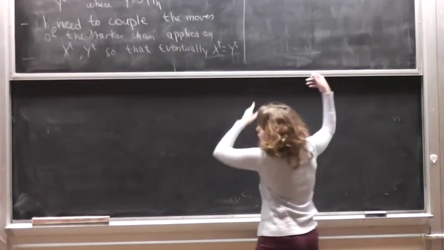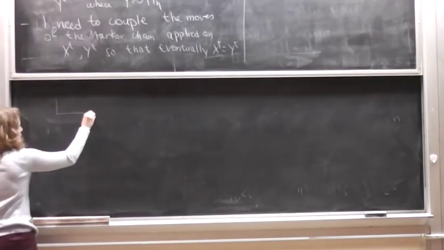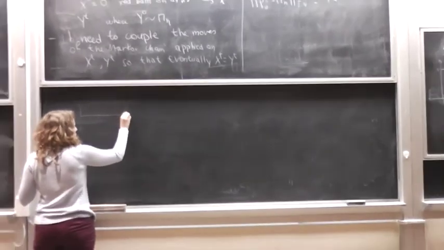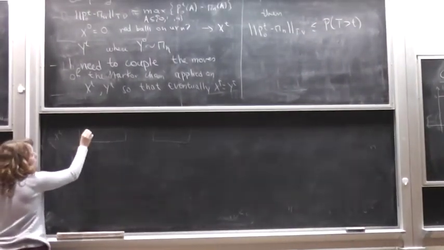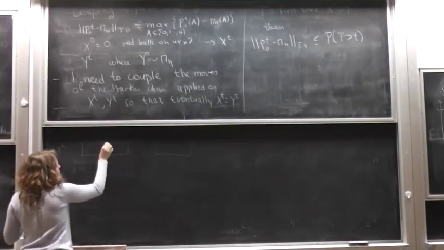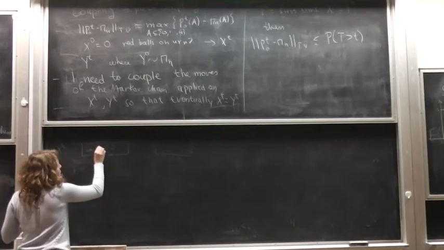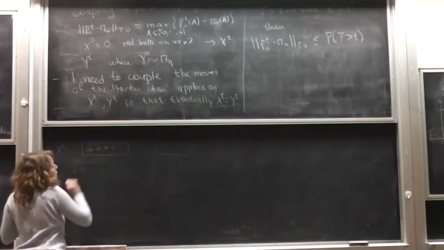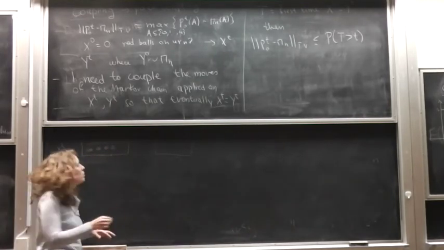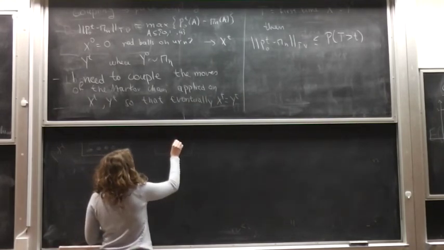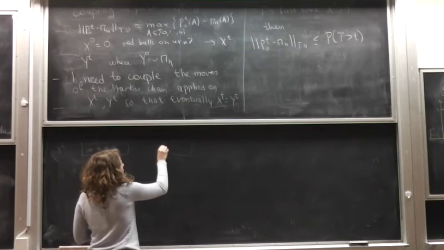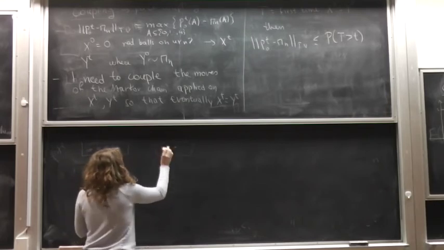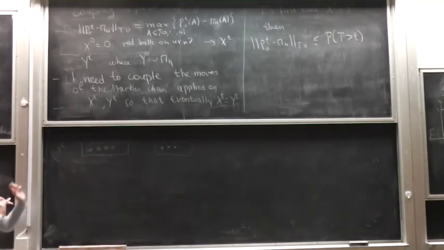So what I'm going to do is, okay, I start with my process. So here I have X_t. Say at time t, maybe I have three white, four red, and maybe here I have 4 white, 3 red, because remember the number of balls has to be the same.